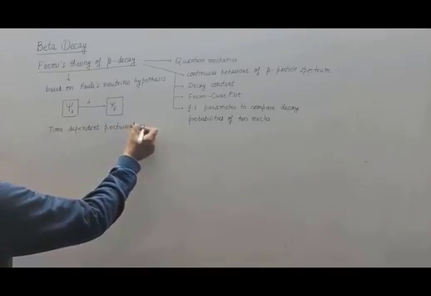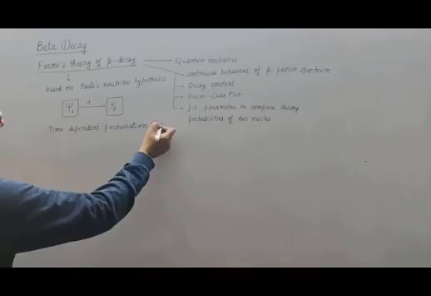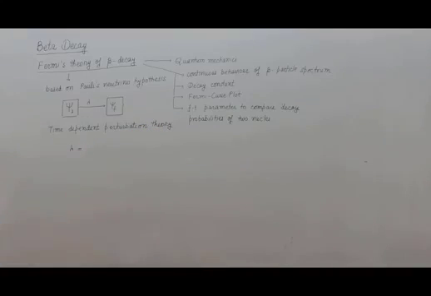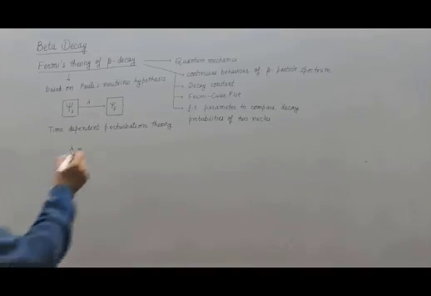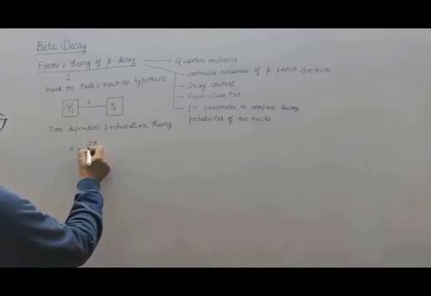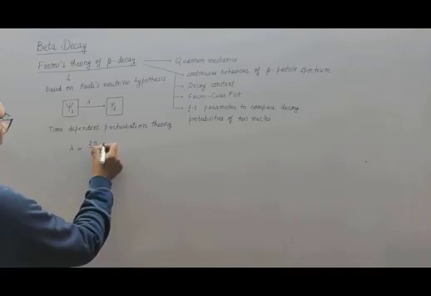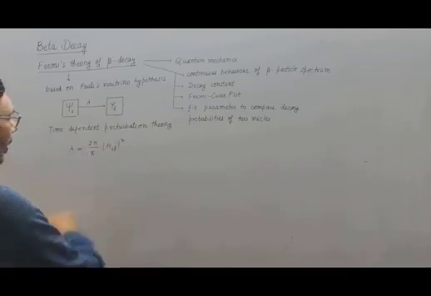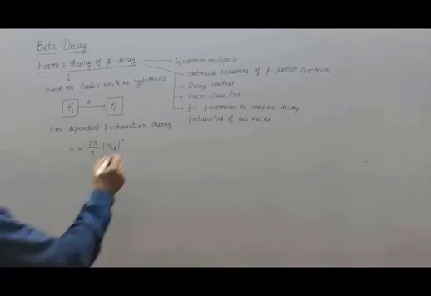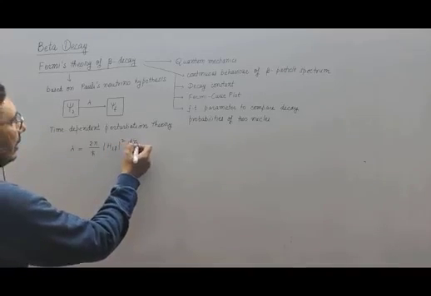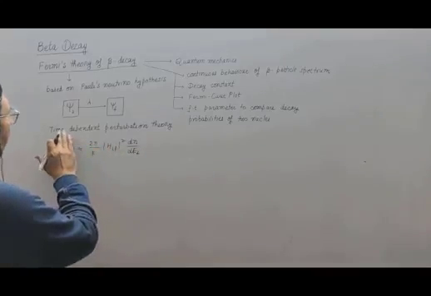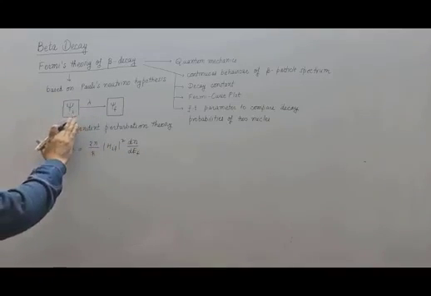And on the basis of this theory, he found the relationship lambda is equal to 2 pi by h cross, |HIF| square, dN by dEF.